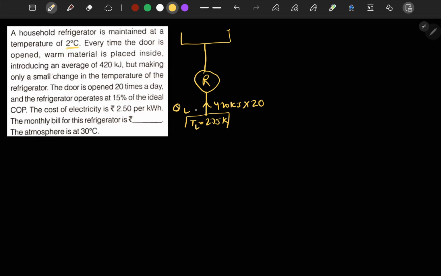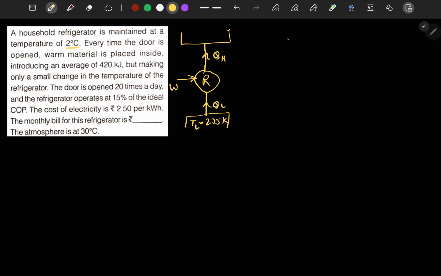So this heat is QL, and let's say this heat will be transferred to a high temperature energy reservoir, and the system will absorb some work. Now it is mentioned that the refrigerator operates at 15% of ideal COP.